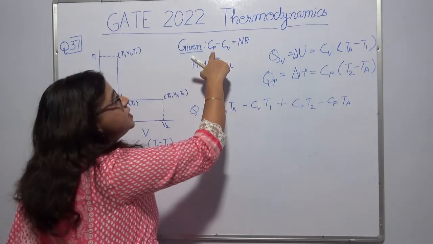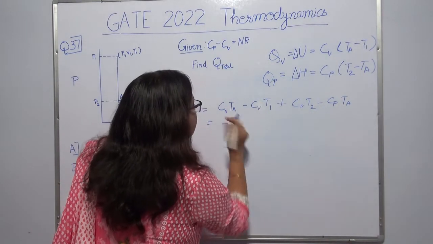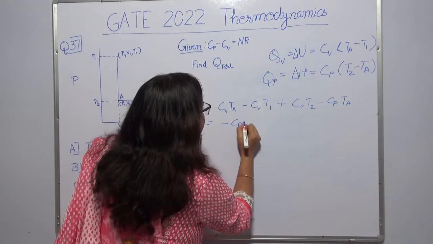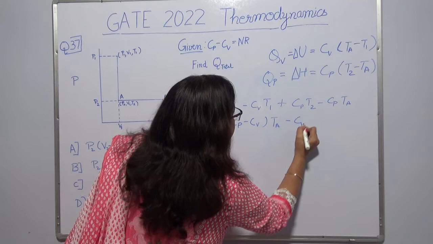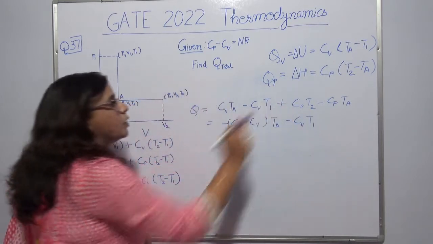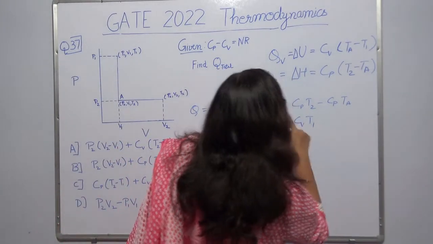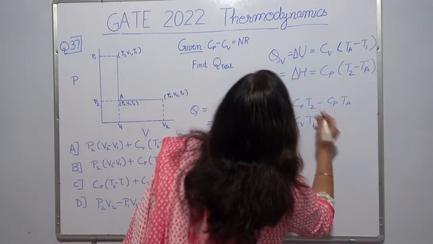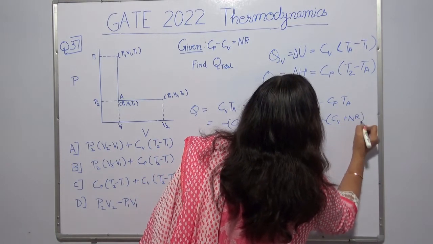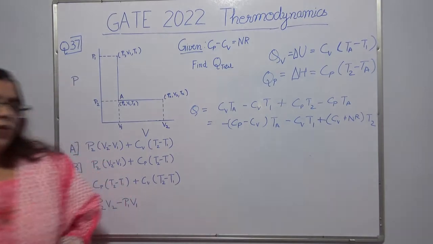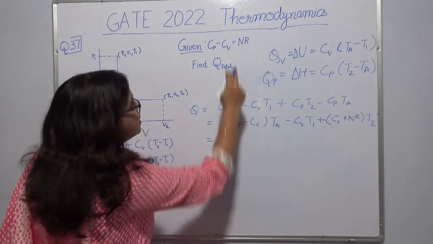So I have been given Cp minus Cv is equal to nR. So I will take out the negative sign, Cp minus Cv, it will become TA minus CV T1. Now again I will replace my Cp from here. So I will write over here plus Cp, which is nothing but Cv plus nR, T2. Now Cp minus Cv is nothing but nR.